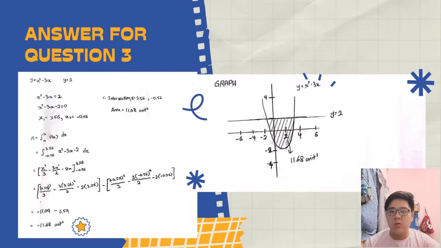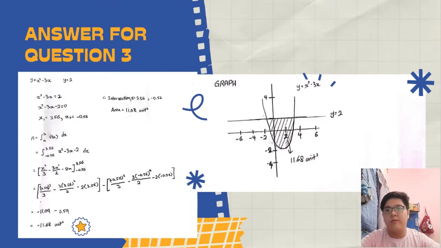For 3.56 we get negative 11.09. For x equals negative 0.56, we get 0.59, and in total it is negative 11.68 unit squared.